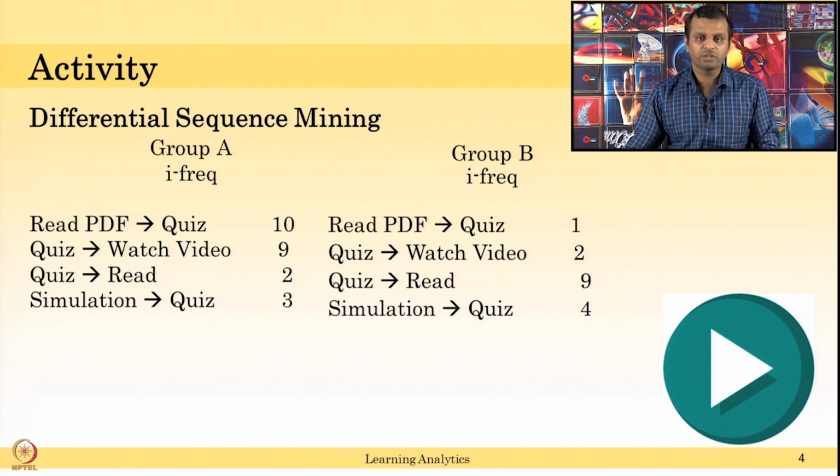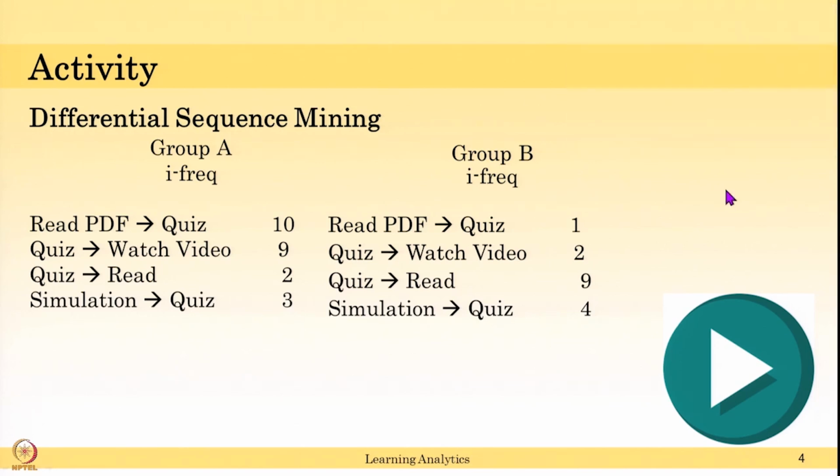That is what I want you to think. There are 4 patterns classified into 3 groups: a pattern which occurred more in group A, a pattern which occurred more in group B, and a pattern which occurred in both groups. After you list them down, resume the video to continue.